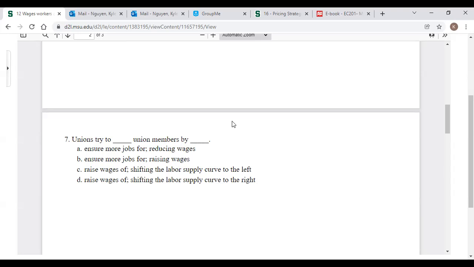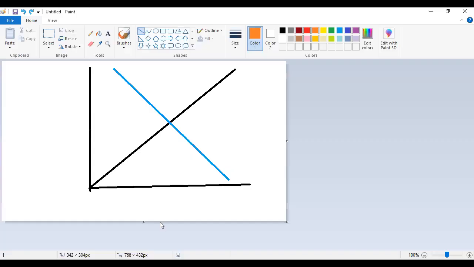B, ensure more jobs by raising wages. That doesn't work in an economic sense, and I'll show you guys why. So let's say, I assume they mean increasing supply, I suppose. So let's increase supply. The wages went down because there's more people working now.